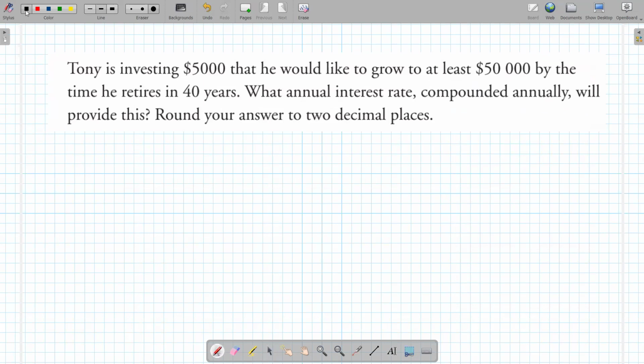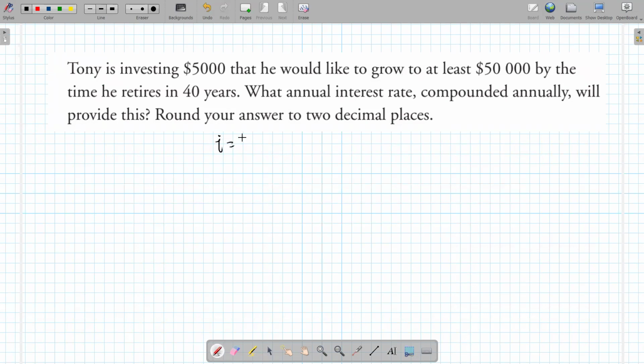We got Tony investing 5,000 that he would like to grow to at least 50,000 in 40 years' time. What's the interest rate compounded annually that will provide this? All right, what's the missing component here? What's the unknown? The interest rate.